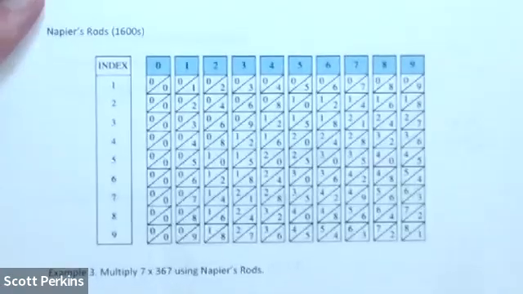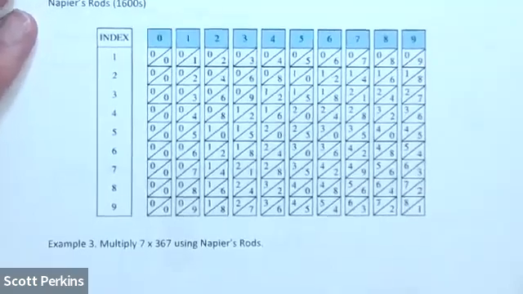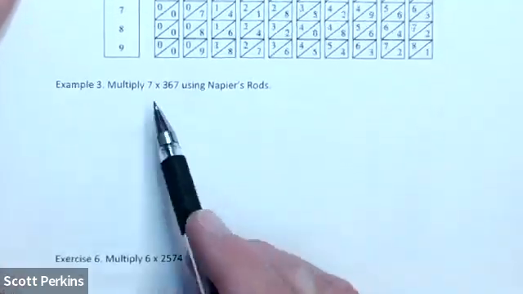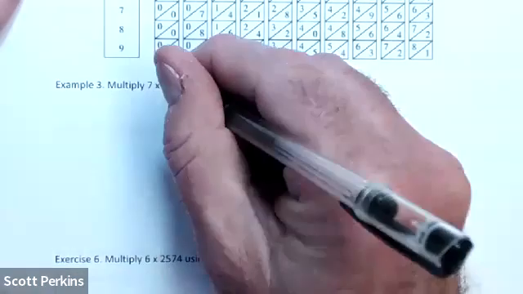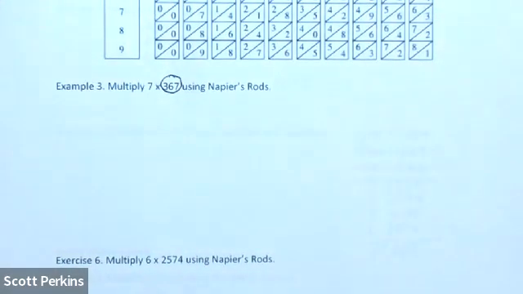And so then if he had to do something, now you don't have to write this down. I'm not going to make you do this on the test. There'd really be no way for me to be able to do that. But what he would do is if he wanted to multiply 7 times 367, he would lay out the rods for each of 3 and 6 and 7 side by side for 367.